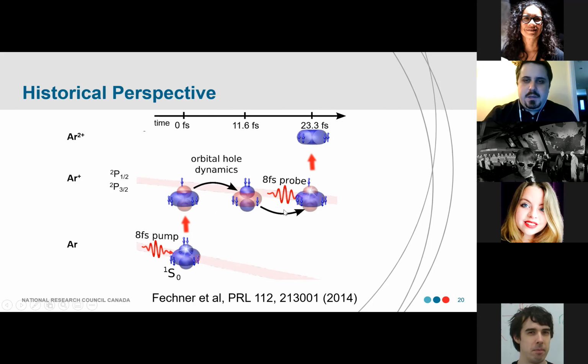And eventually we come in with a probe, and we can vary the timing of this probe so that we test it at either the 3/2 or the 1/2 or in between, and we can measure the likelihood of ionization.